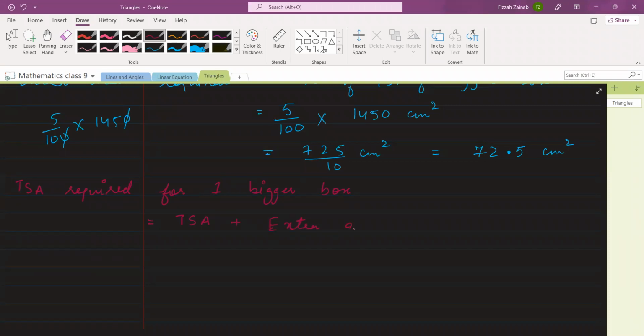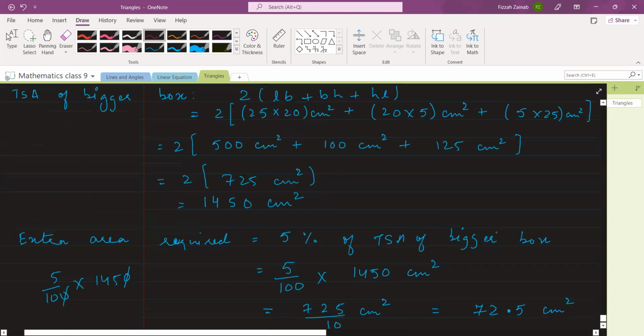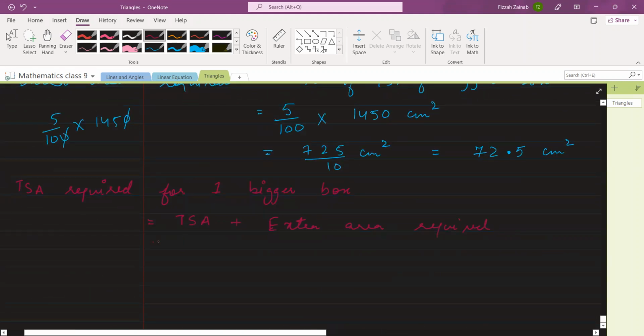Understand? So the total surface area we have found, which was 1450 centimeters square, and the extra area is this 72.5 centimeters square. So just add them. So 0.5 will come here and then you have 2. 7 and 5 is 12. Carry 1, that becomes 5. So 1522.5 centimeters square.